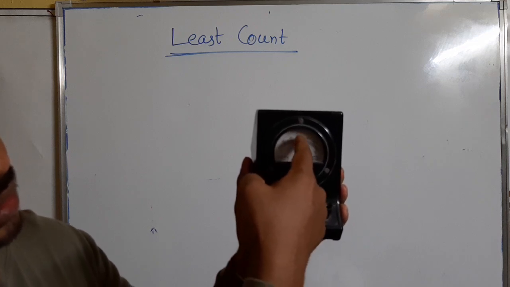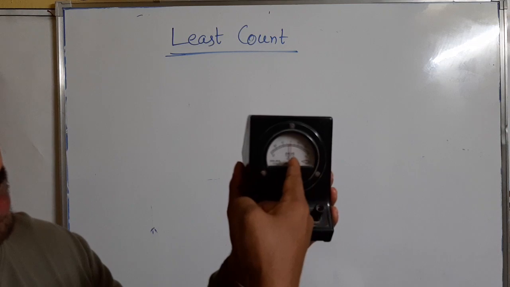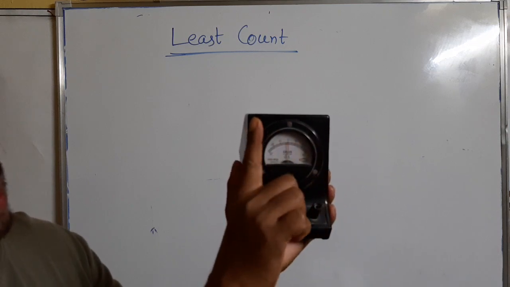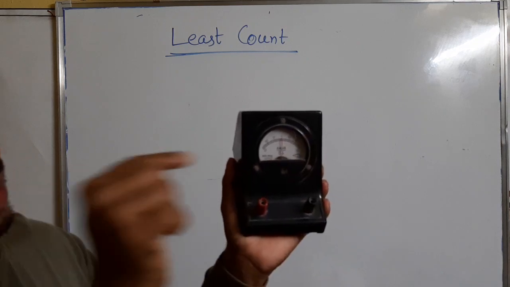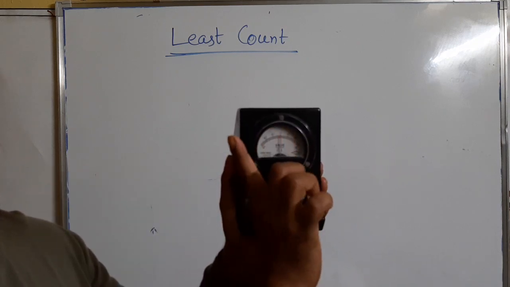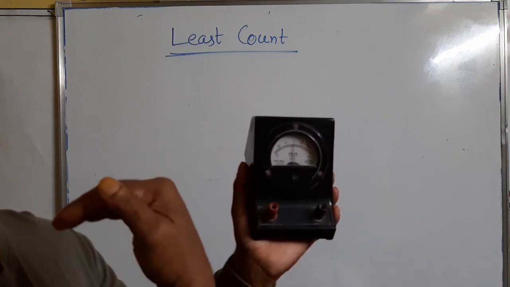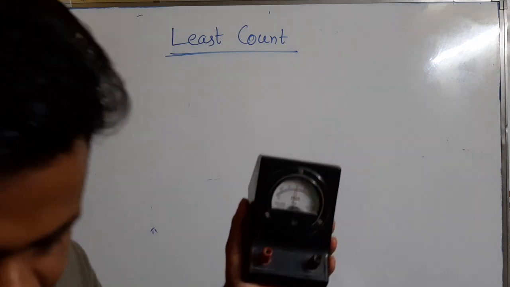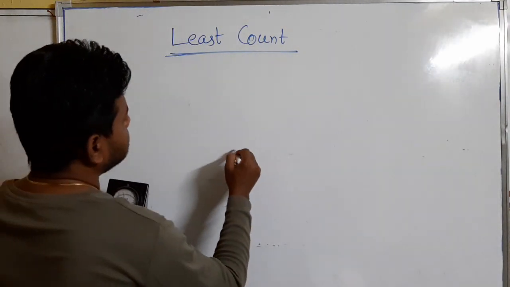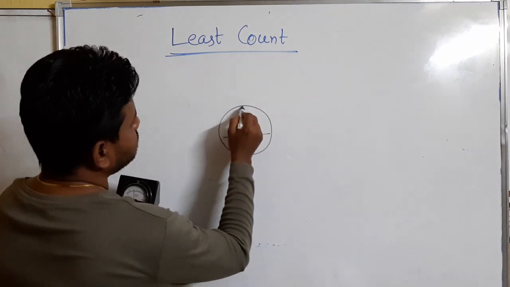You can see here, students, the zero mark is there. The needle will deflect. If the needle is deflecting this side, then current is moving like this, and if deflecting to the left side, then current is flowing to this side. The galvanometer has the needle at 0.